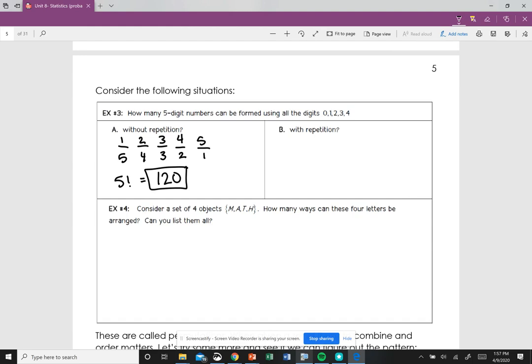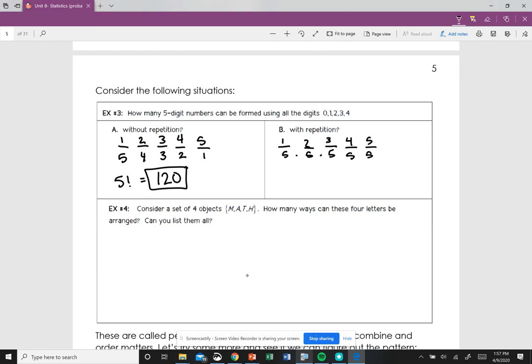Okay, what if we are allowed to repeat them? If we're allowed to repeat numbers, the first digit could be any of the 5. The second digit could also be any of the 5. The third digit could be any of the 5, because it could be 0, 0, 0, 0, 0, right? So the fourth digit could be any of the 5, and the fifth digit could be any of the 5.